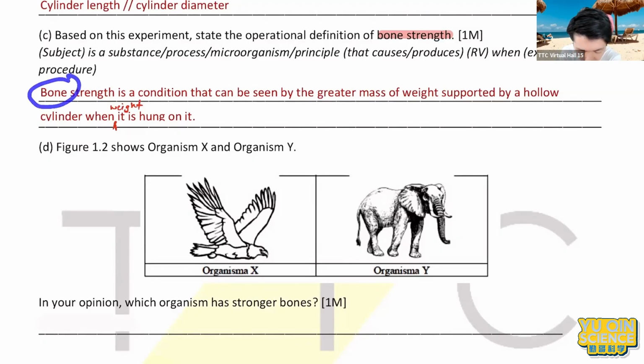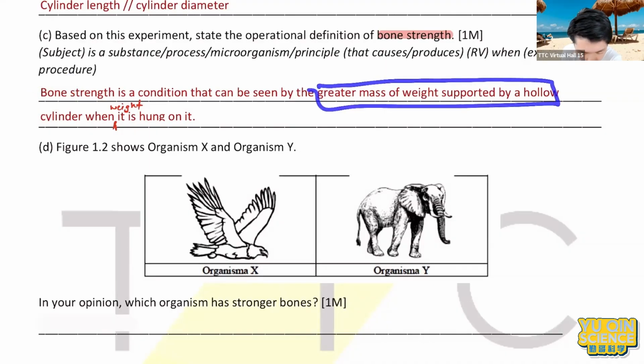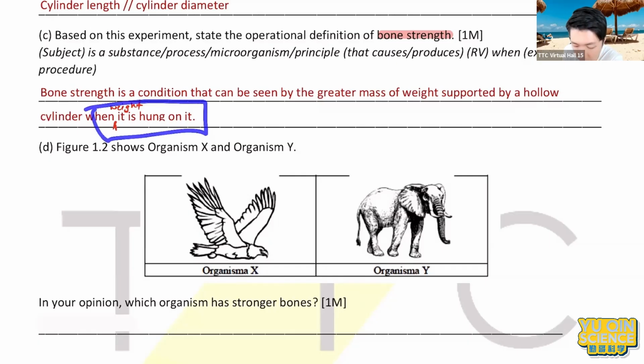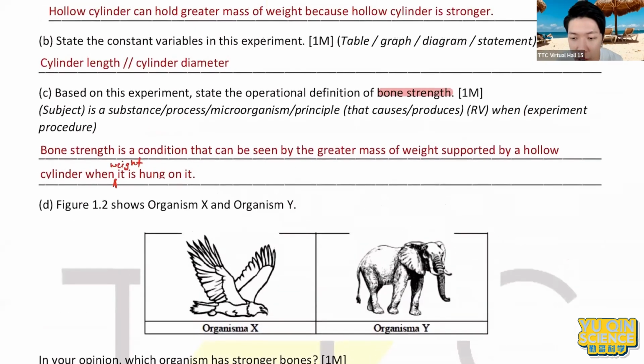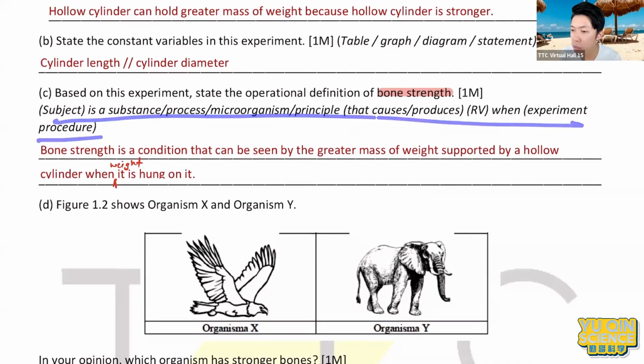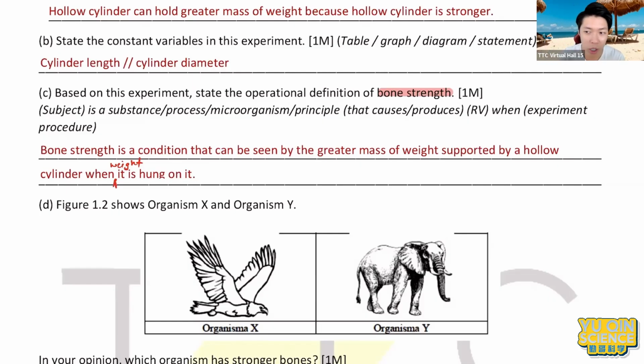This is my subject, and then this is my responding variable, and then behind is my experiment procedure. Remember, format is king, okay? Good, don't worry, today we have time. We're going to try more. Make sure you get so used to it that you will remember the formatting, even in the exam, where you don't have this, but you have to keep reminding yourself.